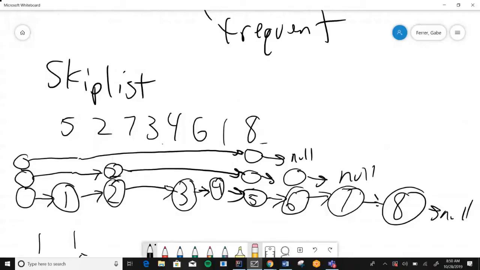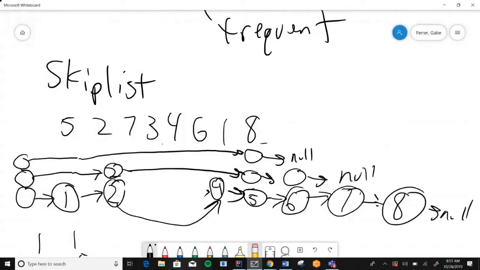So I come here, I do my lookup. 3 is less than 5, I go down a level. 3 is greater than 2, it's less than 5, I go down a level. Look, there's 3. So I'm going to take the pointer at 2 and have it reference the node after the 3. And at that point, the 3 is no longer present in my skip list.